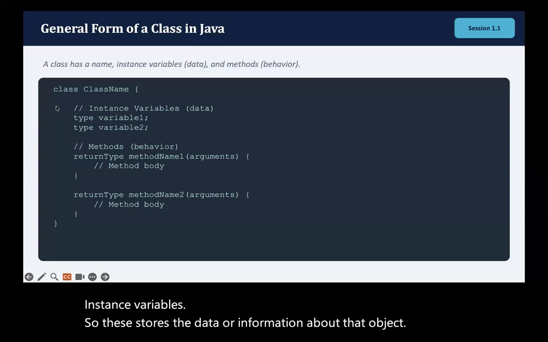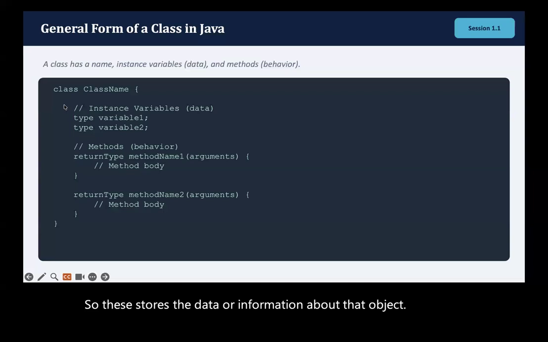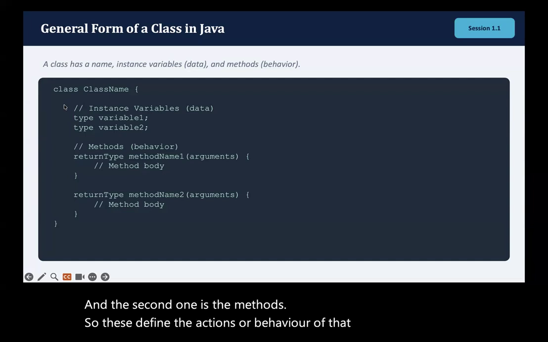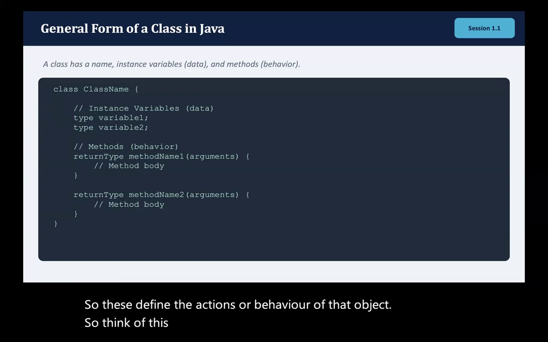And the second one is the methods. These define the actions or behavior of that object. Think of it this way: variables tell us what the object has, and methods tell us what the object does.